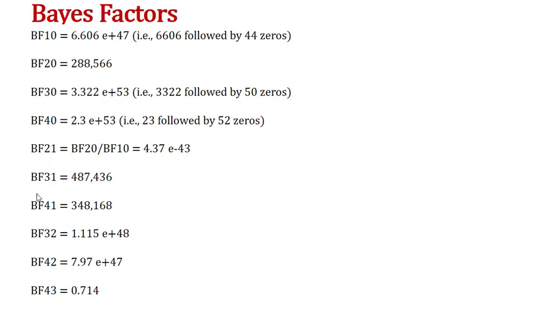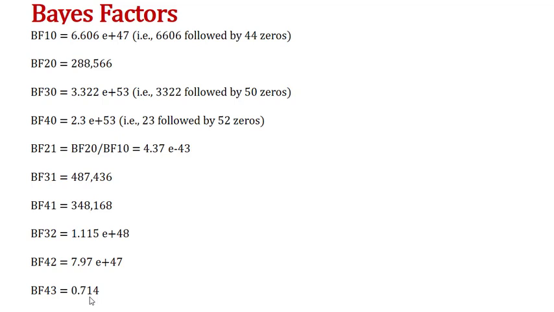In BF41, we can say that the data is 348,168 times more likely under model 4 than under model 1. And let's say BF20, the data is 288,566 times more likely under model 2 than under model 0.